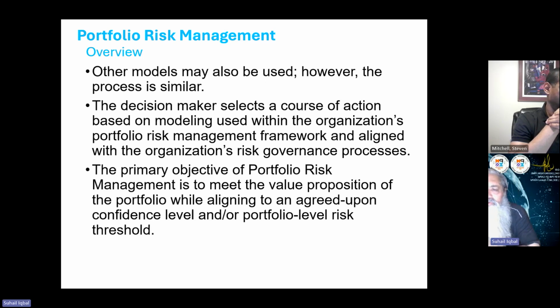Other models may also be used, however, the process is similar. The decision maker selects a course of action based on a modeling used within the organization's portfolio risk management framework and aligned with the organizational risk governance processes. Now you see, when we were studying value, we said there is a value governance mechanism.